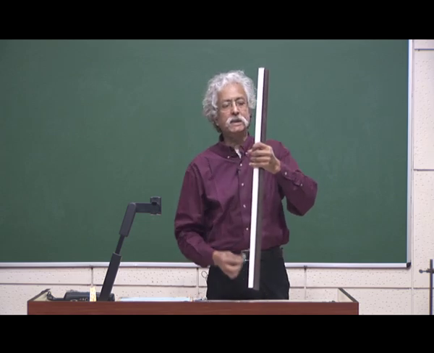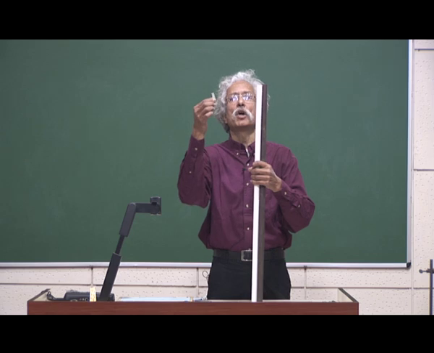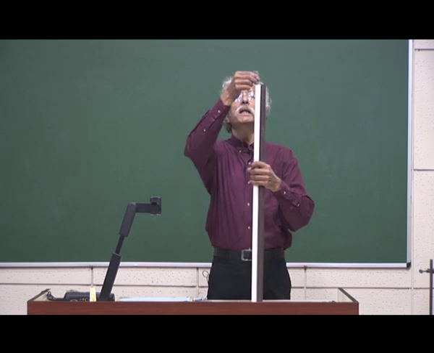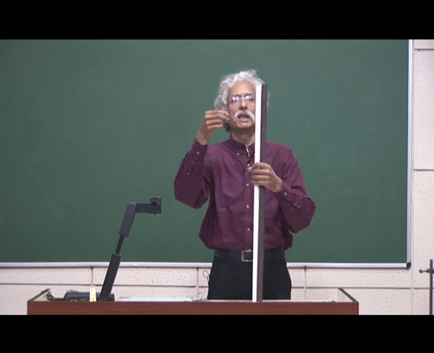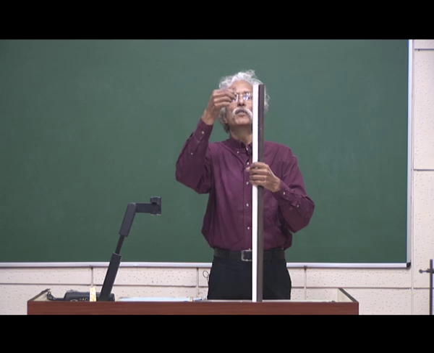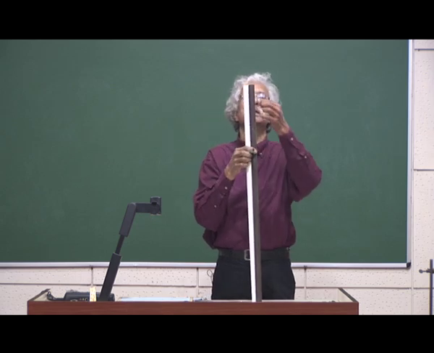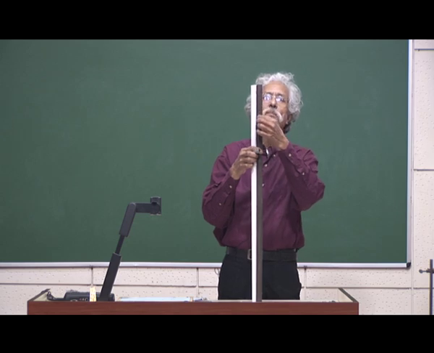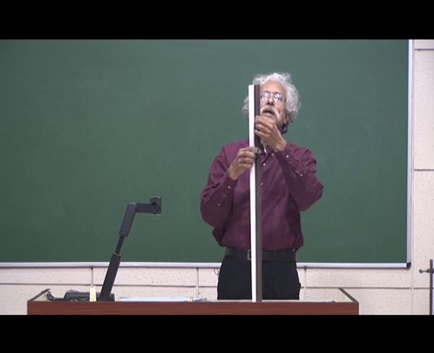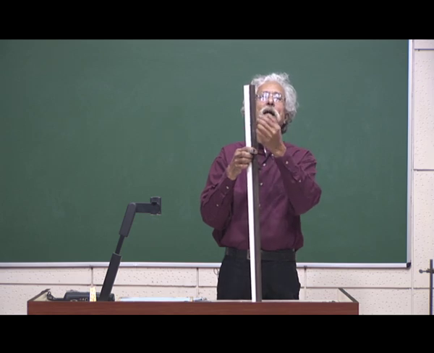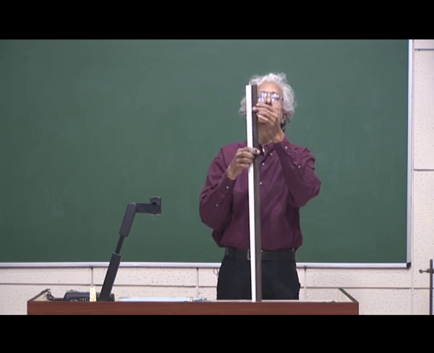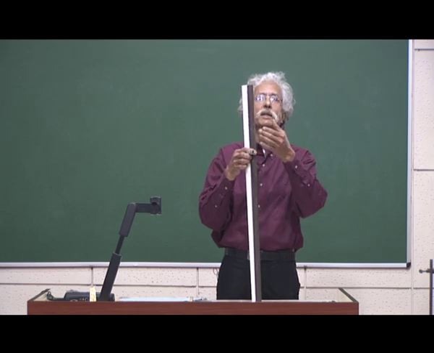What is actually happening is, this is a very strong magnet, and as the magnet enters the copper tube, copper is a good conductor of electricity. This moving magnet changes the magnetic flux across different cross sections of the copper tube, and because of Faraday's law, an induced EMF is generated in this copper tube. That induced EMF generates current because this is a conductor, and those currents oppose the motion of the magnet.